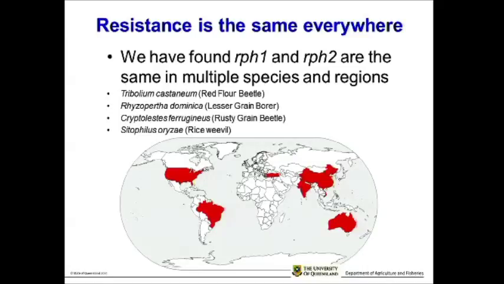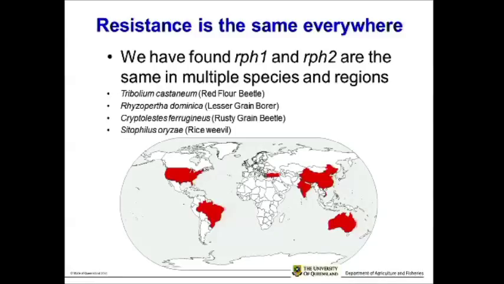Thanks, Paul. Yeah, so Paul gave you a nice brief overview of the genetics underlying phosphine resistance. But when we take it to see what's happening in the field, we found that resistance is the same everywhere. So we looked at a number of different species now. Some of them are unpublished just yet, but we found that the two-gene system, and it's the same two genes, are the same in these four species: red flour beetle, lesser grain borer, rusty grain beetle, and rice weevil.